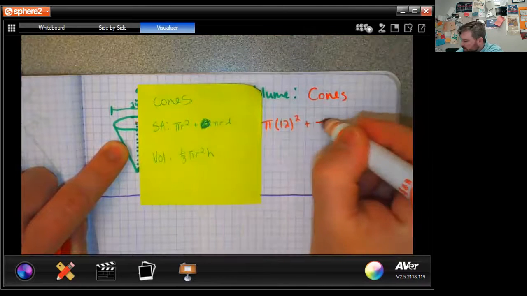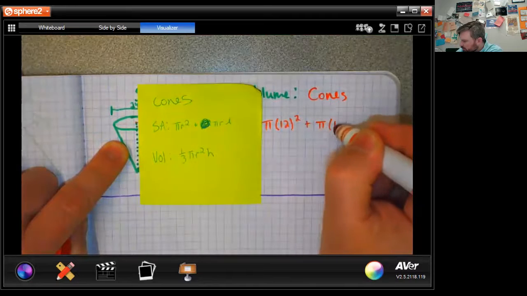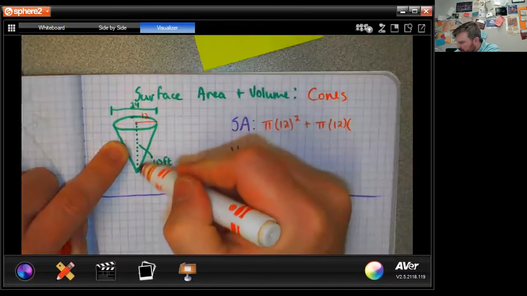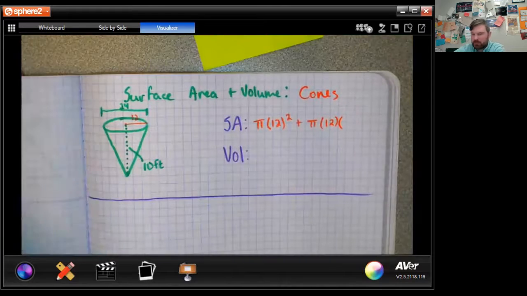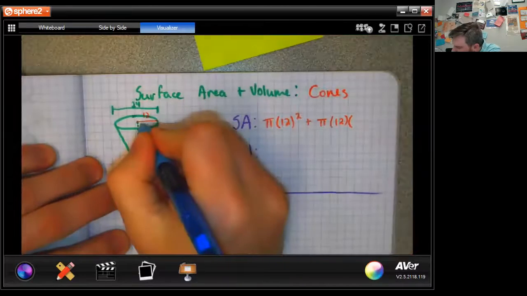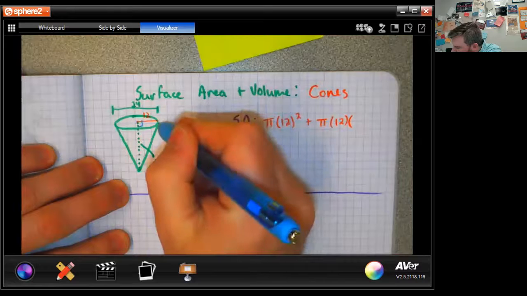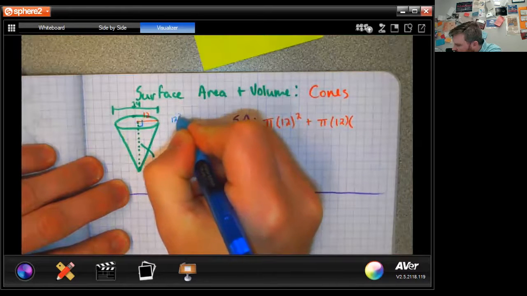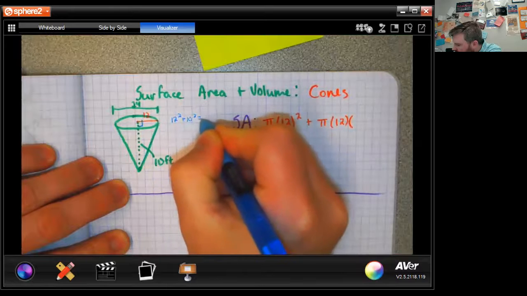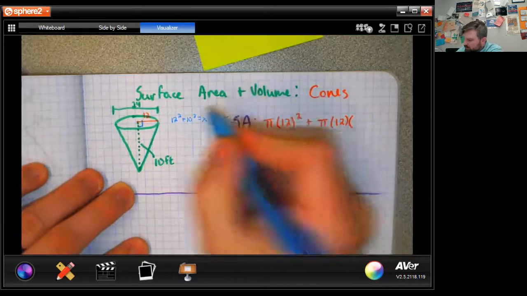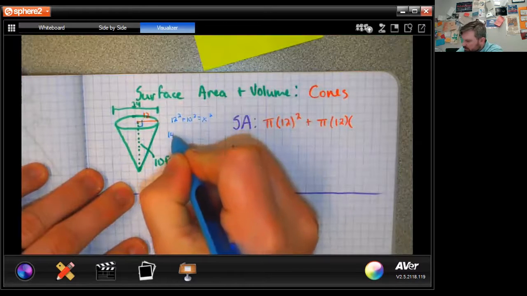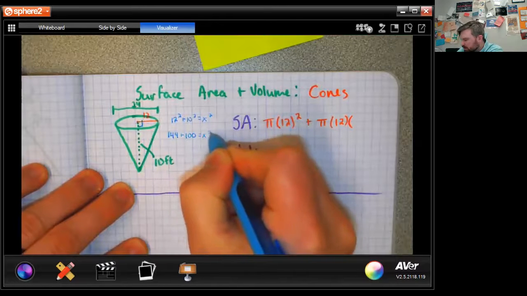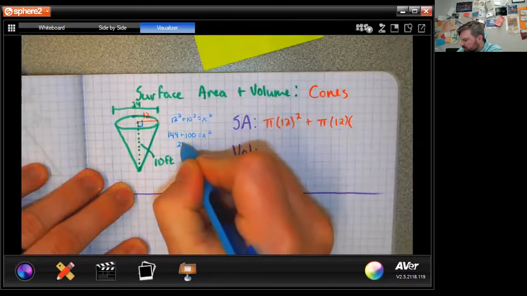So pi times 12 times our slant height, which would be this length right here, which I don't have. Okay, but like always, we've created a right triangle, and I need to find the length of this side right here. So I'm going to take 12 squared plus 10 squared equals x squared. So 12 squared is 144 plus 10 squared is 100. X squared, 100 plus 144 is 244.